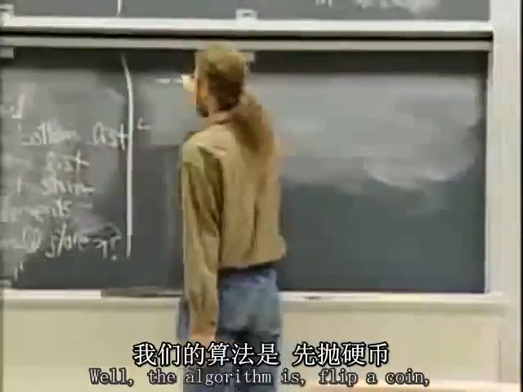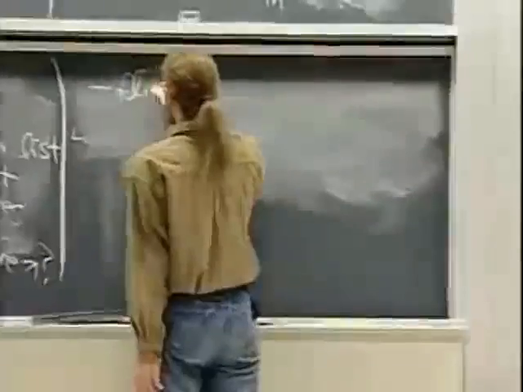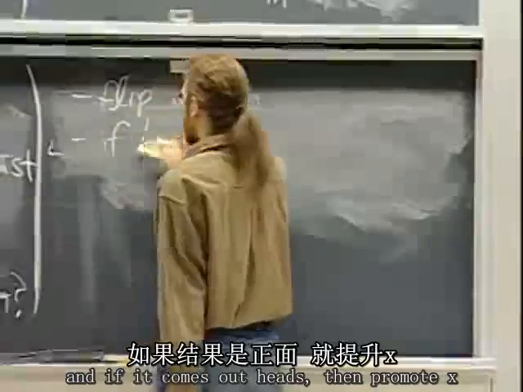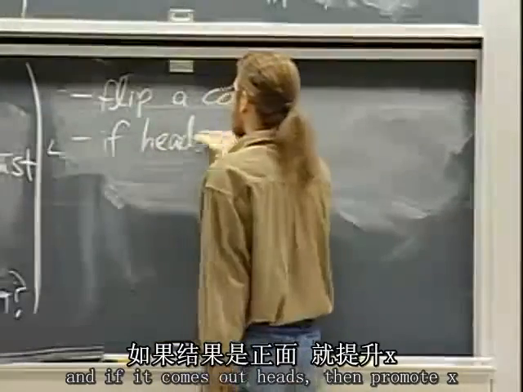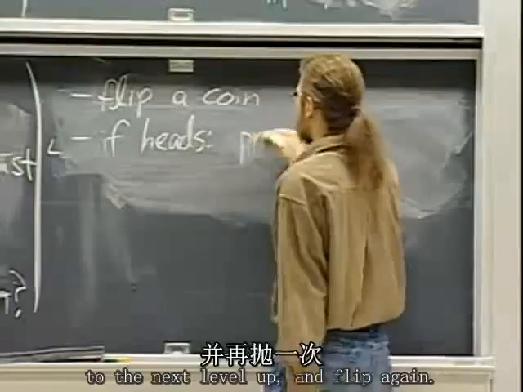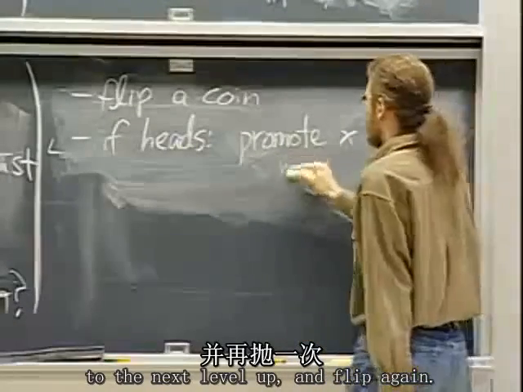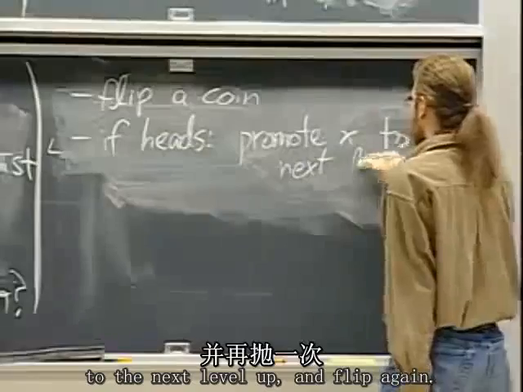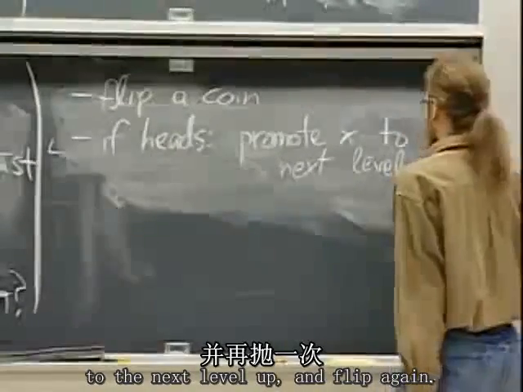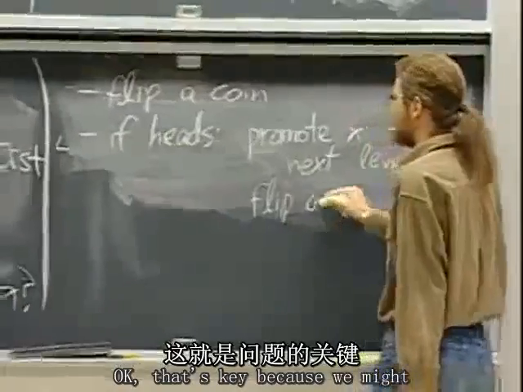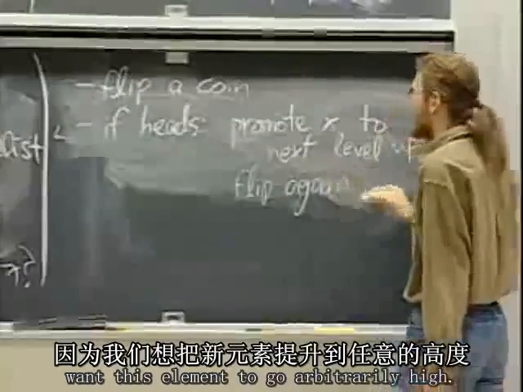Well, the algorithm is flip a coin, and if it comes out heads, then promote x to the next level up. And flip again. That's key because we might want this element to go arbitrarily high.